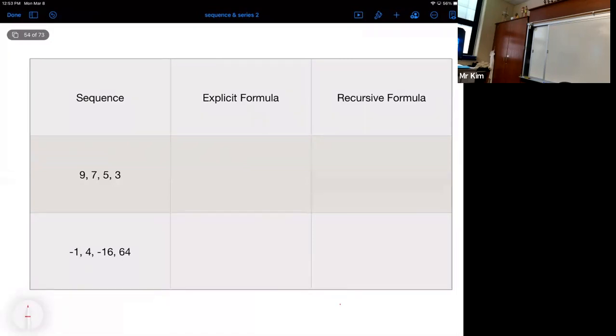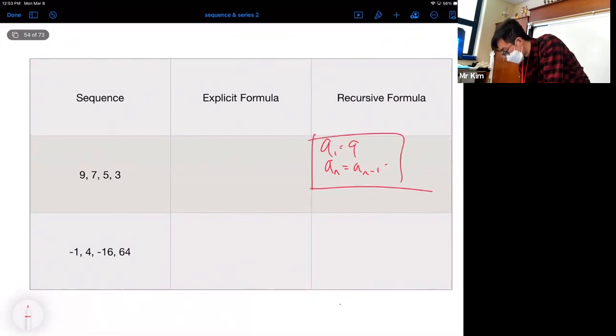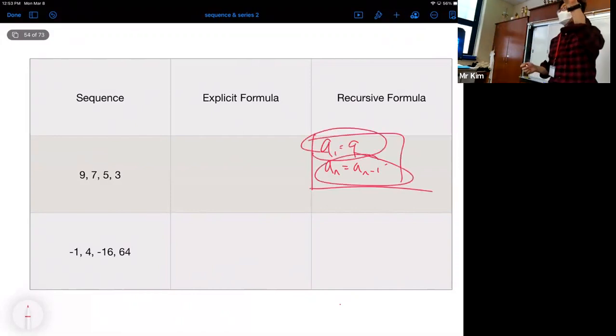Guys, for homework questions here, I don't know why I see so many of this. You guys just have one line for this. You can't just tell me a sub n is a sub n minus 1 times, plus, minus, divided by something. You need to tell me a sub 1 is 9, and then you need to tell me two things like that. Okay, that's what recursive formulas are.